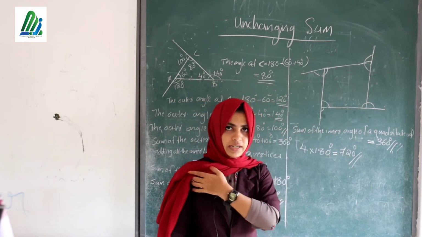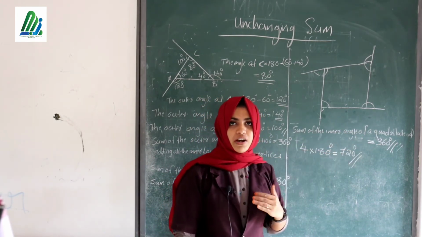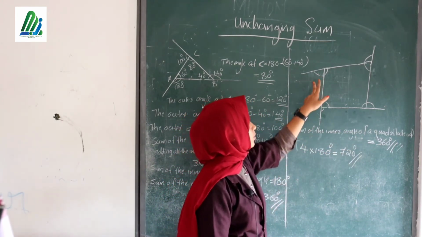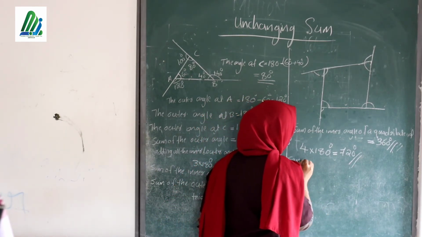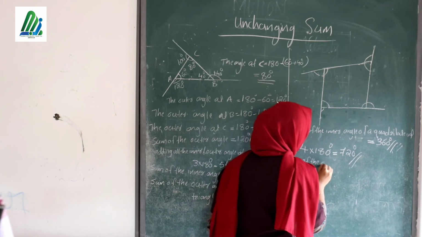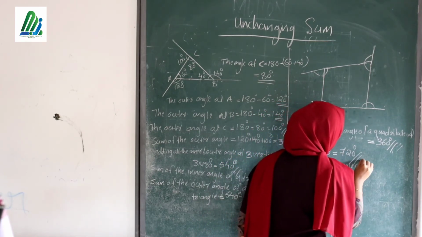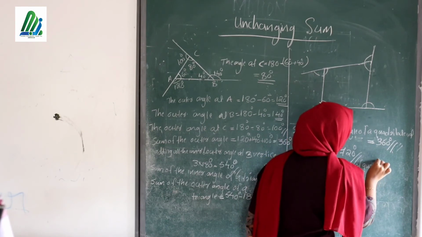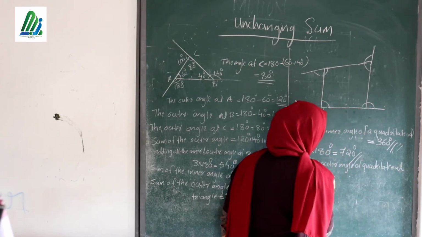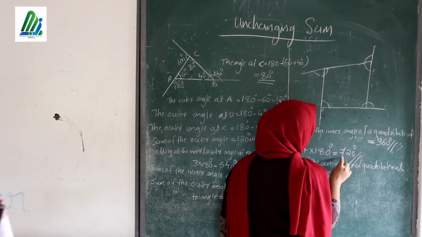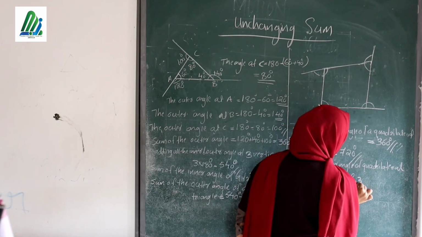Adding the inner and outer angles at 4 vertices, we get 720 degrees, and the sum of the inner angles of the quadrilateral is 360. We want to find the sum of the outer angles of a quadrilateral, so we just subtract the inner angles from 720 degrees: 720 minus 360.